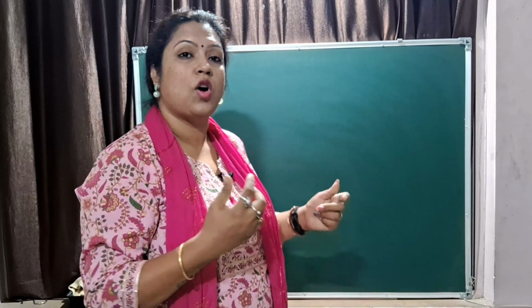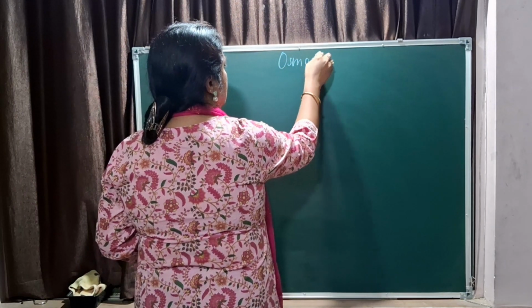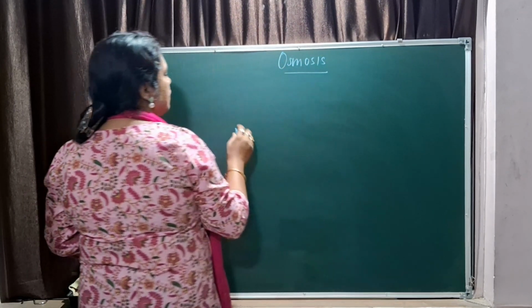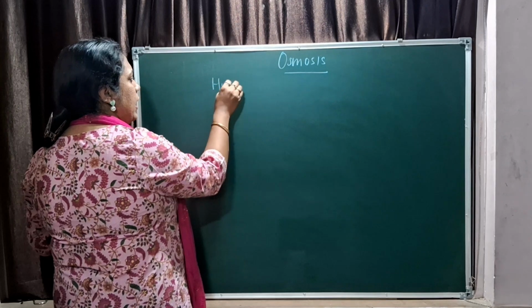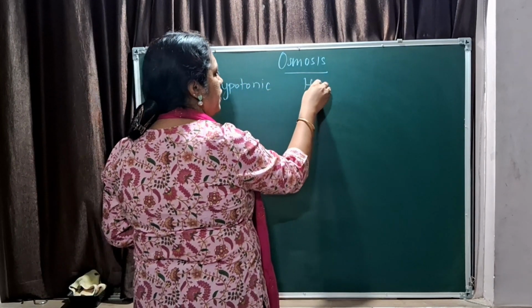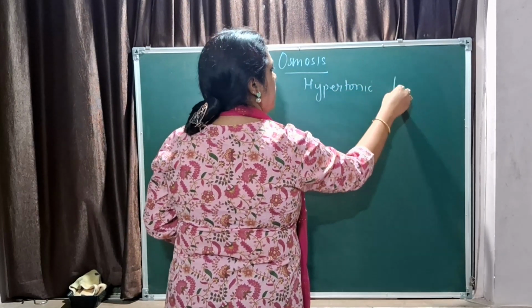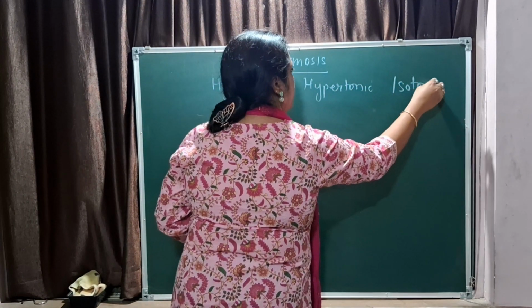Moving to the next topic, that is osmosis. A little bit of detailing is needed for osmosis. So what is osmosis? First you understand what is hypotonic, what is hypertonic, and what is isotonic.